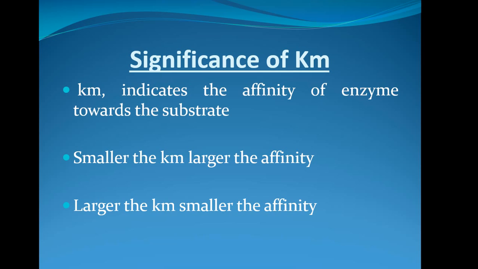From these sentences you can understand that Km and affinity are inversely related. They are inversely proportional to each other. If one increases, the other decreases, and if the other increases, the first one decreases. So this is called an inverse relation. That is why I have mentioned here, smaller the Km value, larger is the affinity, and larger the Km value, smaller is the affinity.